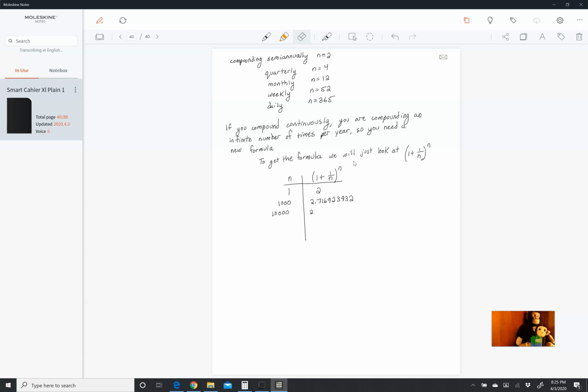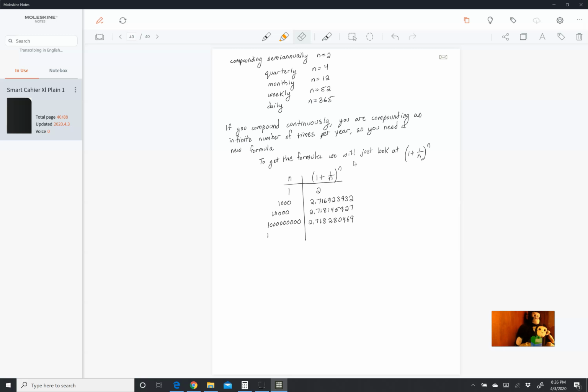Now we're going to plug in an even bigger number, 10,000. And what we get here is 2.7118145927. Now we're going to plug in 1,000,000. And if we plug in 1,000,000, we get 2.7182804669.